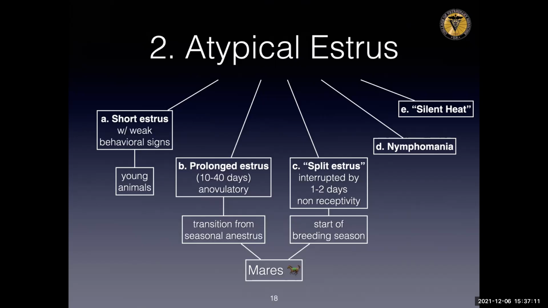They have a longer estrus period, the heat period, not the whole estrus cycle, than the usual ruminants. Their heat period, the true heat period, can last up to 7 days. So that's why sometimes you have split estrus, and usually it happens on the start of the breeding season.